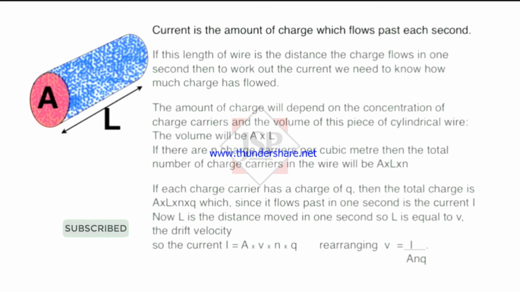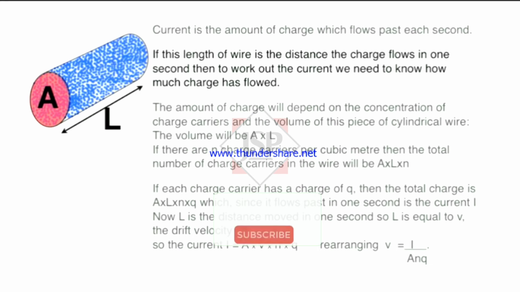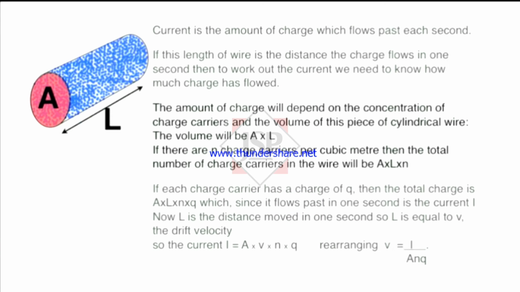Remember that the current is the quantity of charge that flows past a point every second. If this length is the distance the charge flows in 1 second, then to work out the current we need to know the quantity of charge in this piece of wire. That total will depend upon the concentration of charge-carrying electrons in the wire and on the volume of the wire.